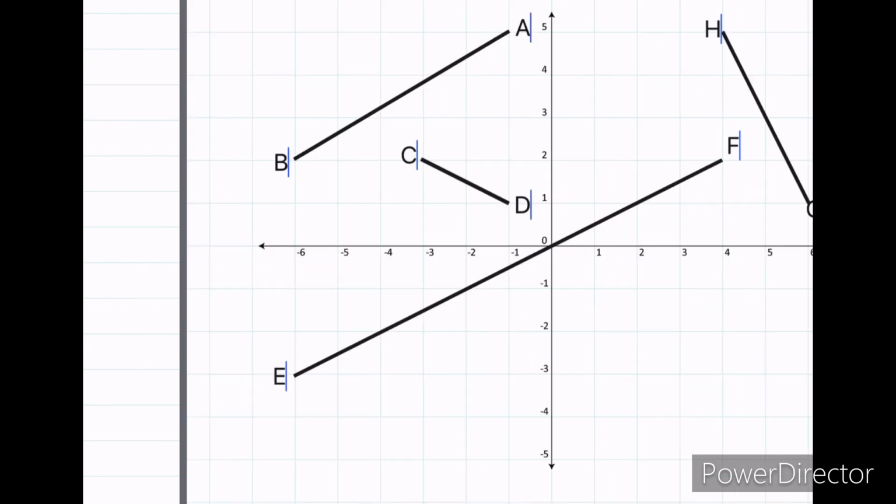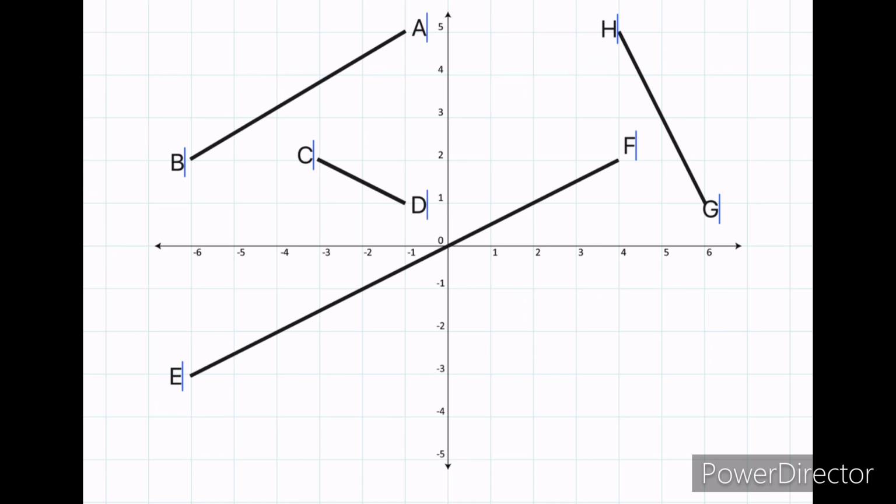How about this one? If we have a line on our plane, how are we going to find the coordinates of the midpoint?